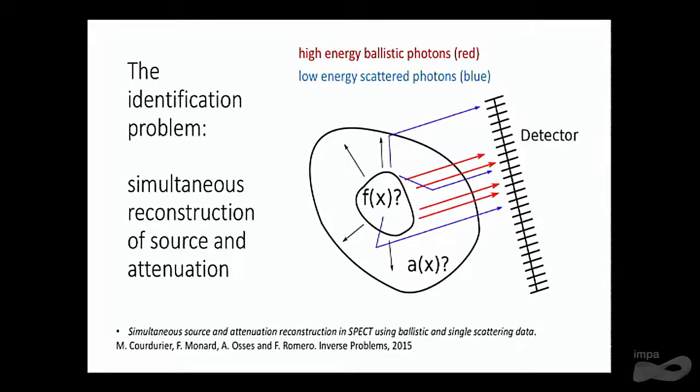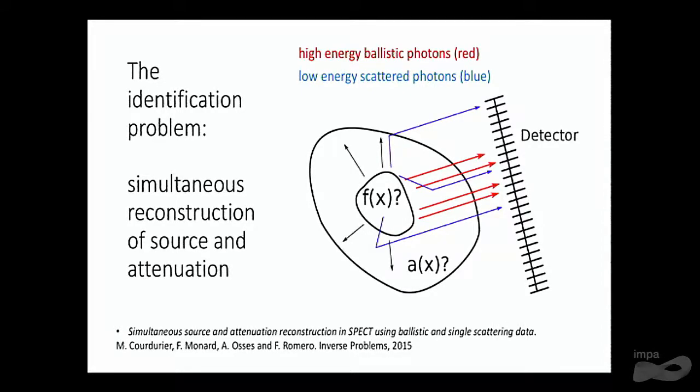The original idea was proposed by a colleague working in a hospital in Chile. He was saying that in the machine, we can register not only the high energy ballistic photons but also the low energy scattered photons.